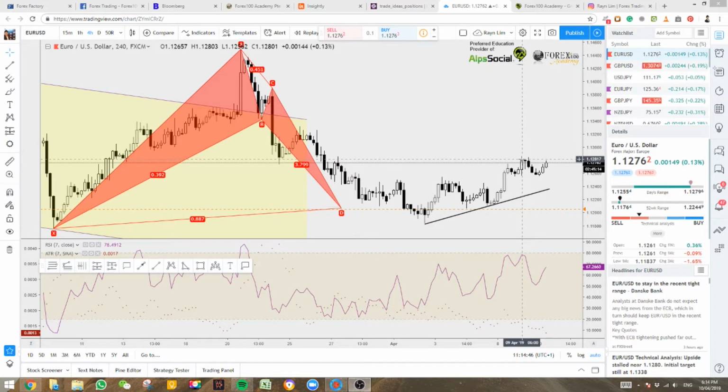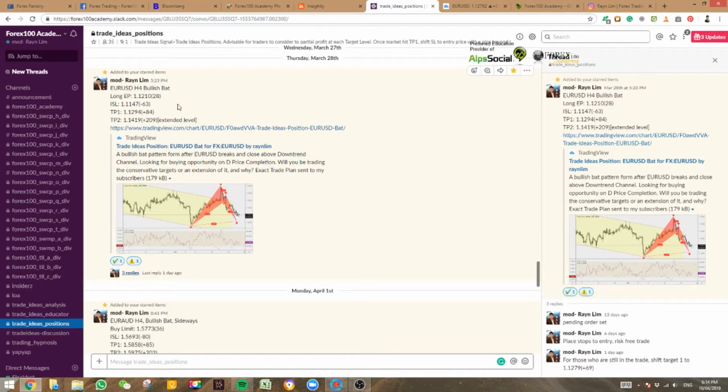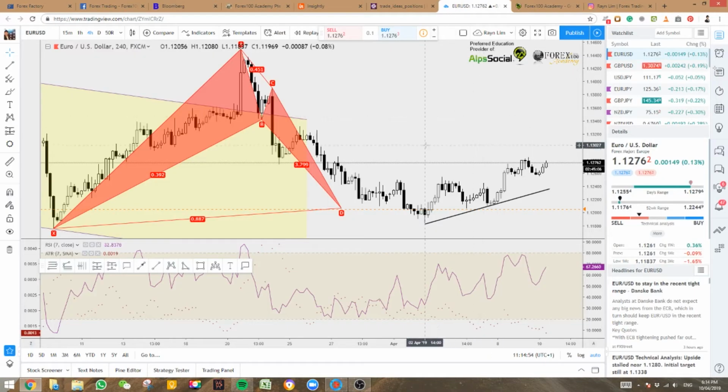It should really hit your first target, giving you at least 84 pips of return. Well done. And for those who somehow are not in the trade, it could be you missed the trade, or it could simply be because you shifted the stop loss just like me. Then you might get stopped out with no profit and no loss. The good thing about this is no loss.